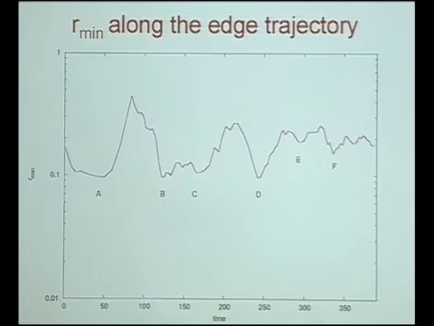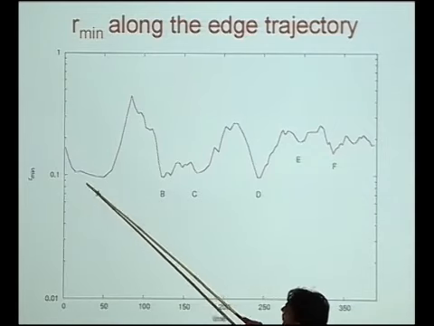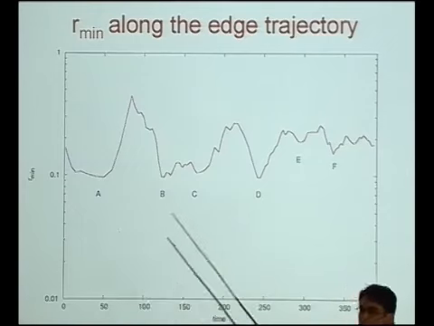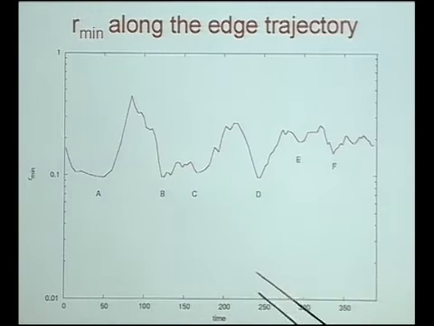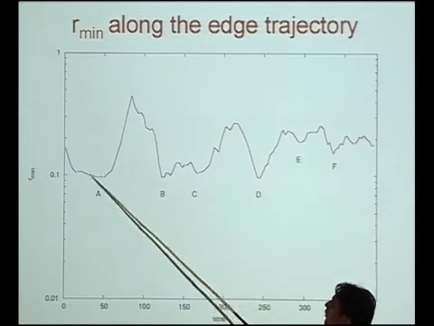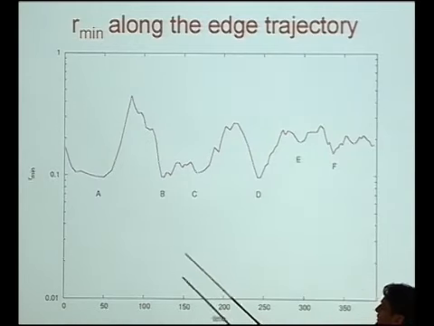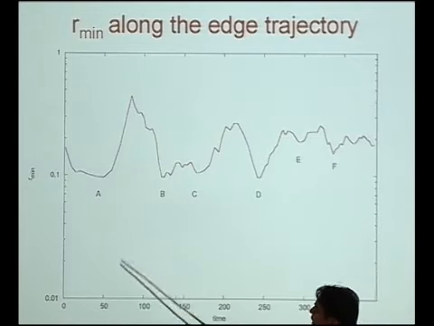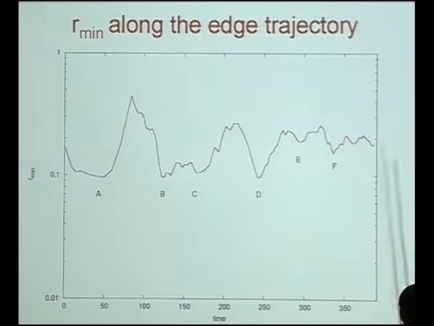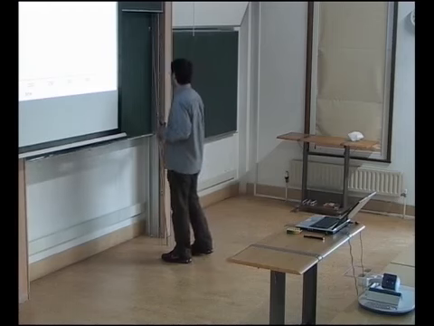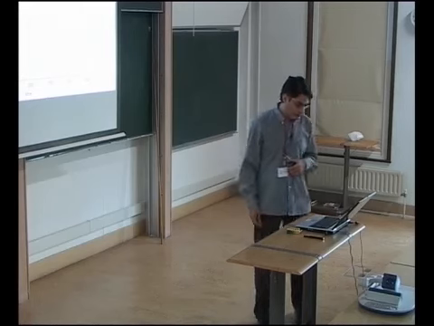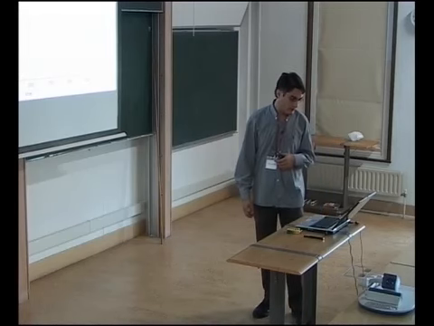If I do the same calculation for many more points, then this is my R mean signal along still the same edge trajectory. I can see an alternance of relatively low regions for R mean and high regions. So this dip here corresponds, as I can interpret it, to a more recurrent field, and possibly, that's the idea, we're in the neighborhood of states which have R mean equal exactly 0.